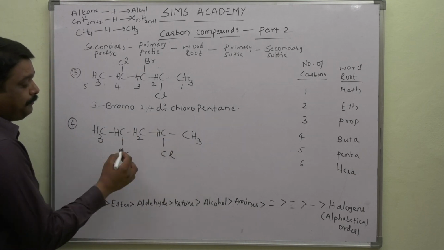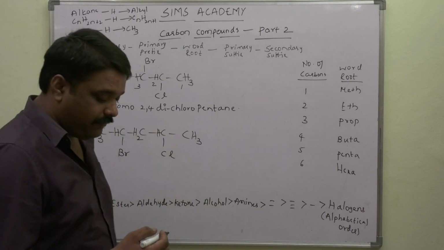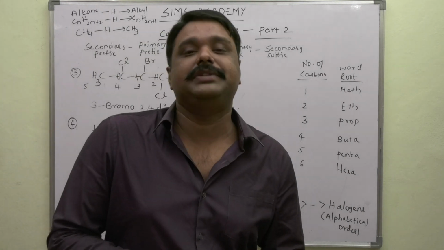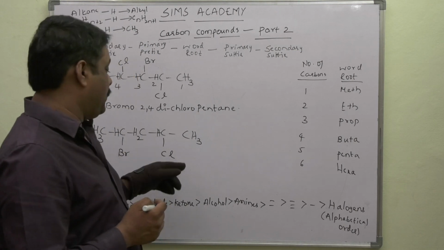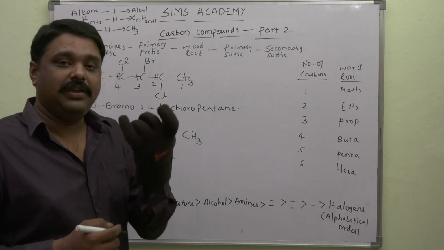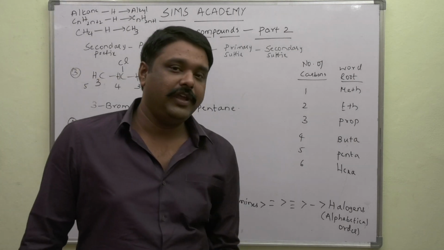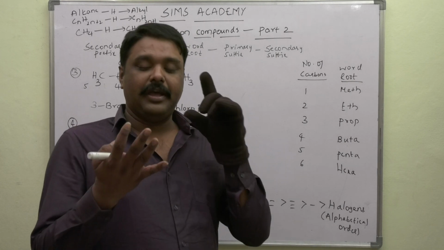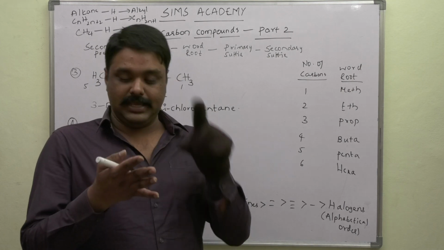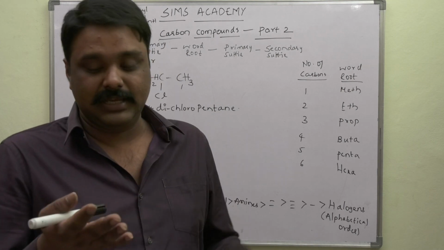That means here, if we observe, we have 2 substituents, 1 chlorine and 1 bromine. Chlorine and bromine. Which one should be given the priority? As we know, in the alphabetical order, we have A, B, C, D, E, F, G, H.